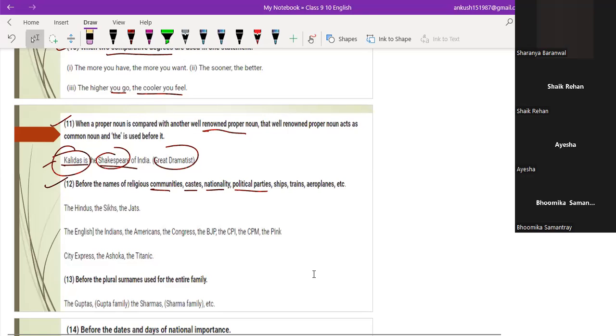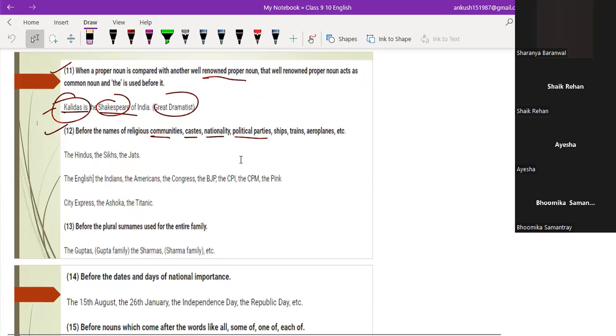Read it again. Before the names of religions, committees, religious communities, nationalities, political parties, ships, trains, aeroplanes, etc. Okay.